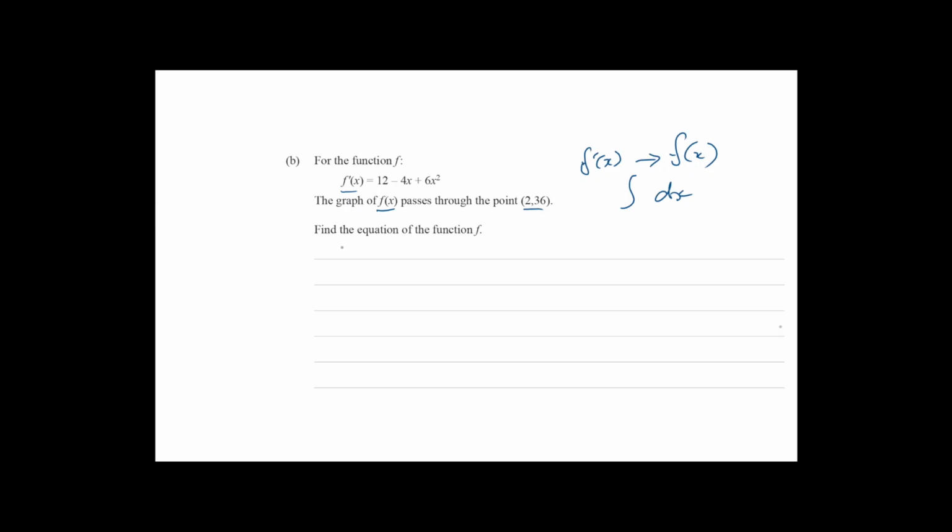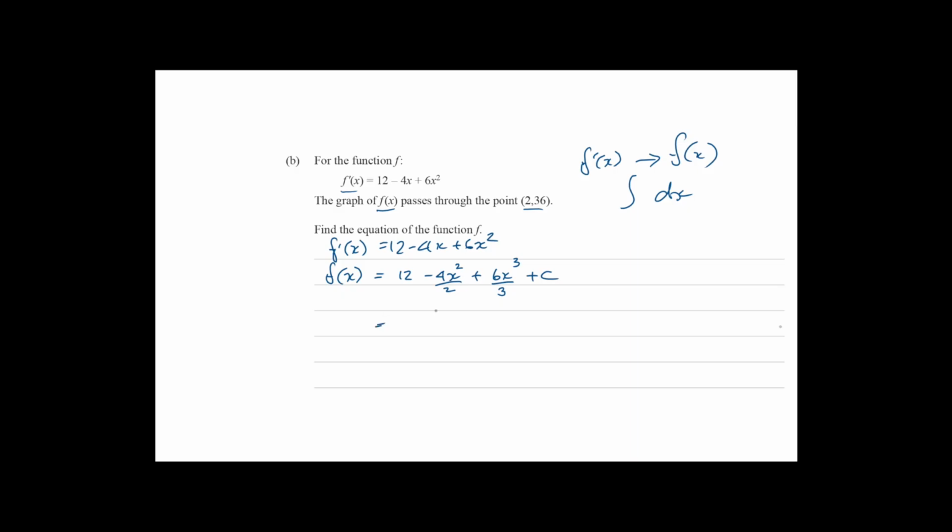So if f dash of x is 12 minus 4x plus 6x squared, then f of x must be 12x minus 4x squared over 2 plus 6x cubed over 3 plus c.